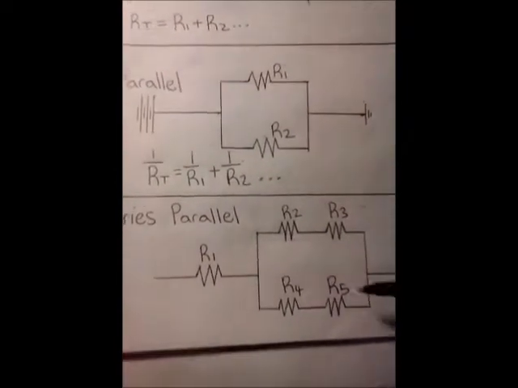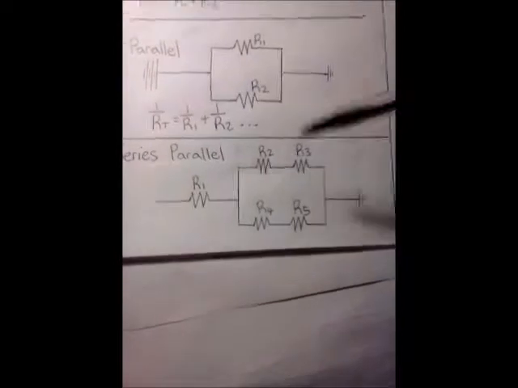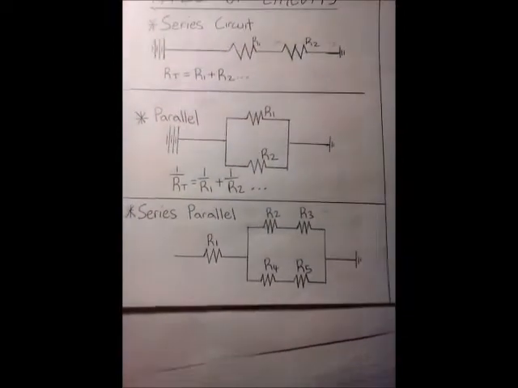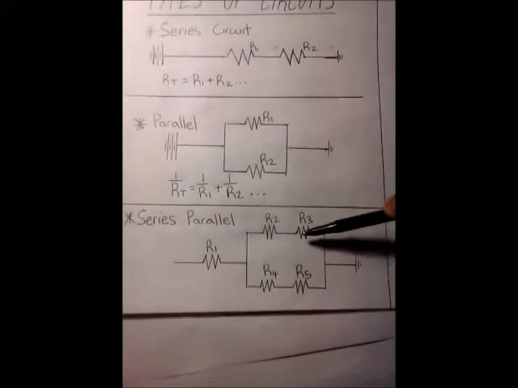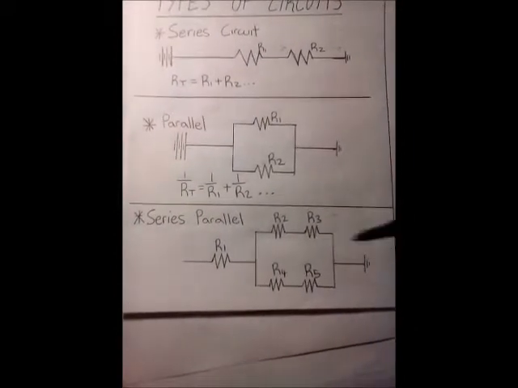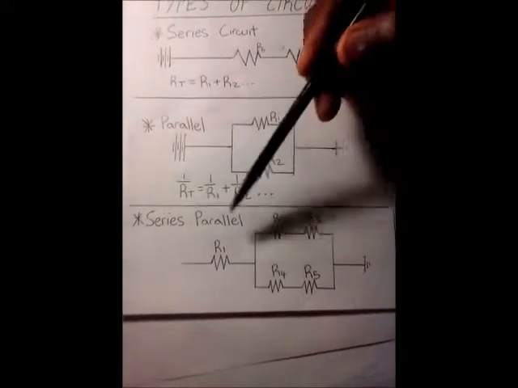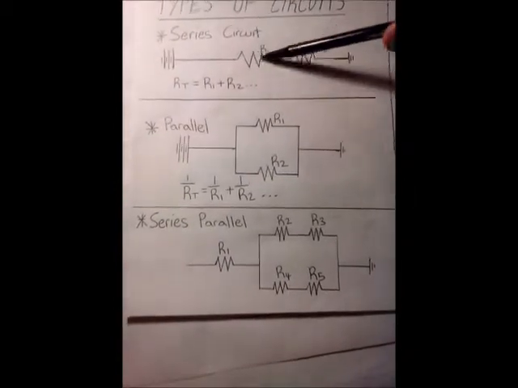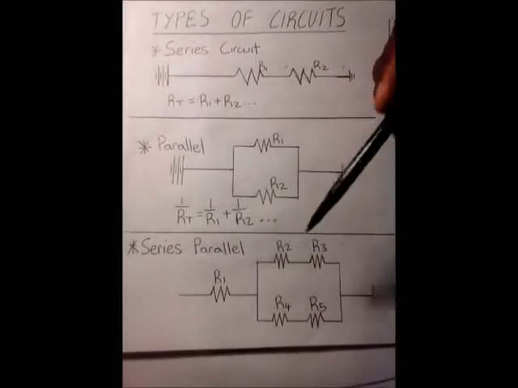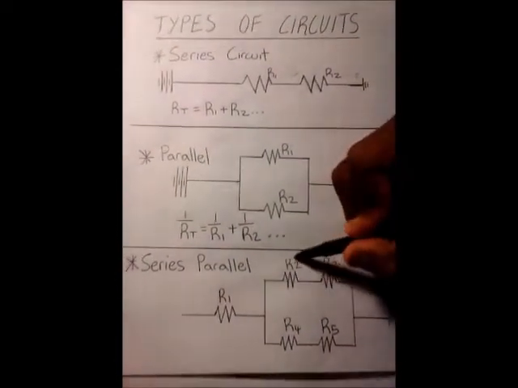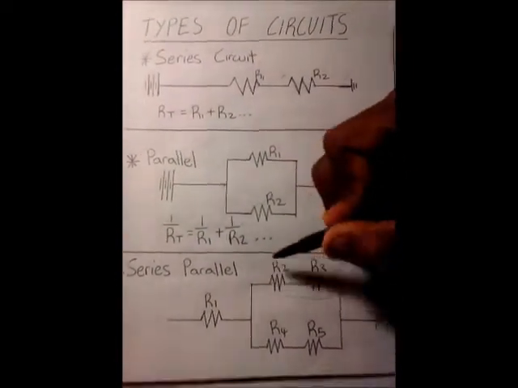And the last one is the most complicated one. And once you understand this, you're on your way to being a master. The series parallel just incorporates the series and the parallel together. It's simple. Here, in this region, you would have the series circuit.